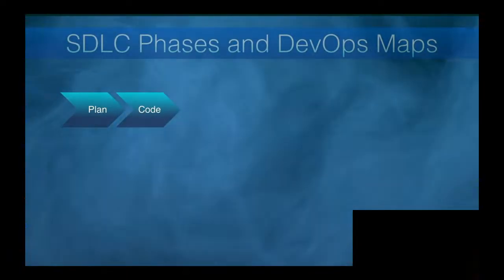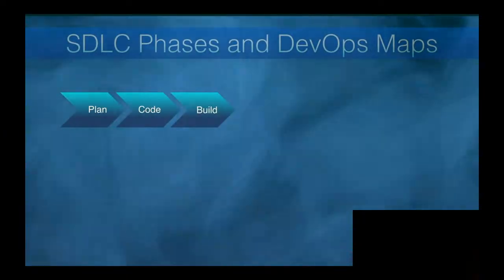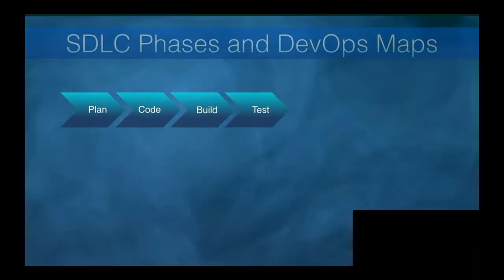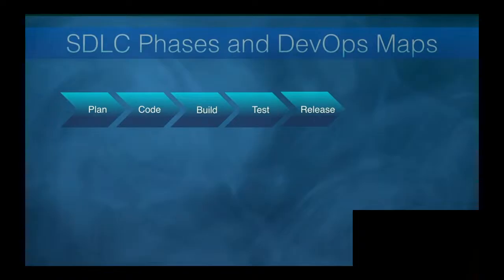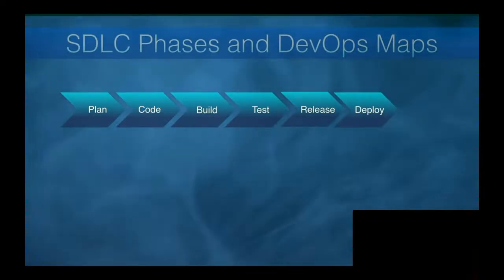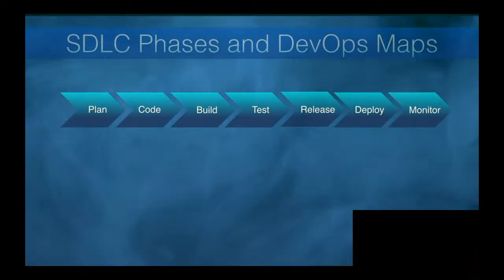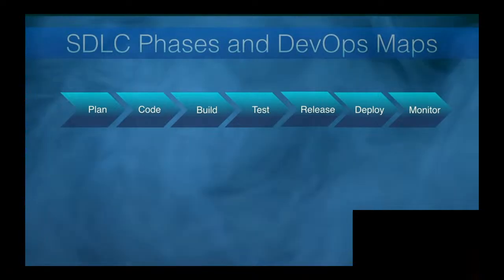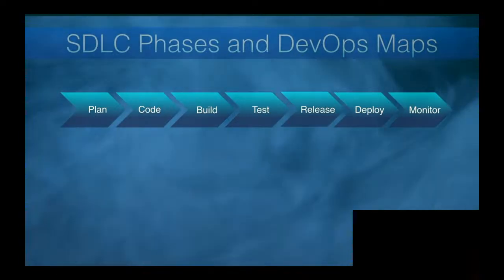The building phase is mainly project bundling and integration activities. The testing phase is mainly functional and non-functional testing. Release is basically the project shipment phase. Deploy does the application launching on a specific environment like an app server or native environment. Monitoring is basically the post-production phase, where application uptime, network monitoring, and business transaction monitoring, etc. happen.